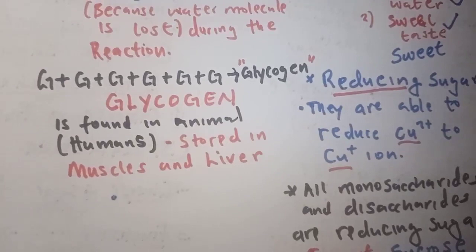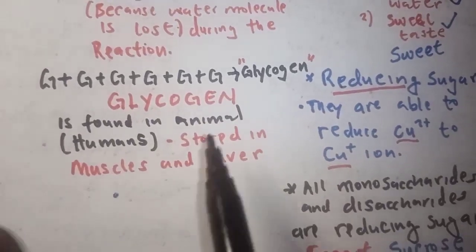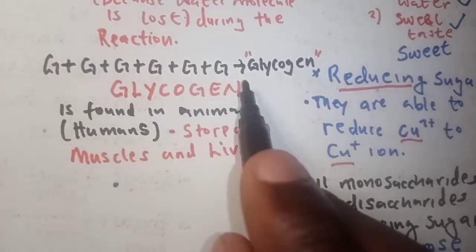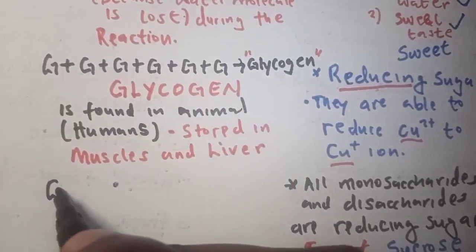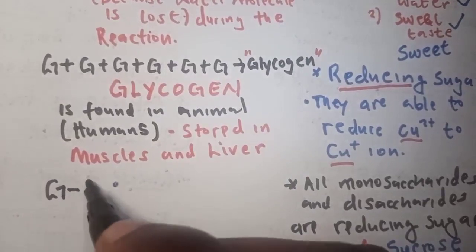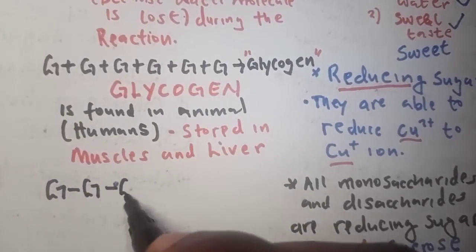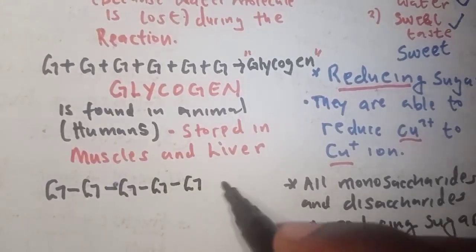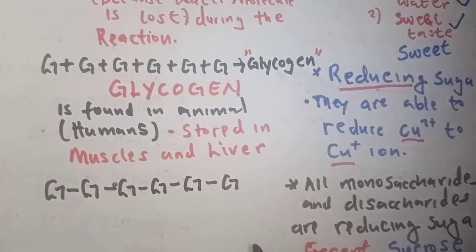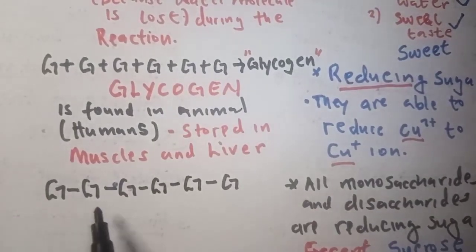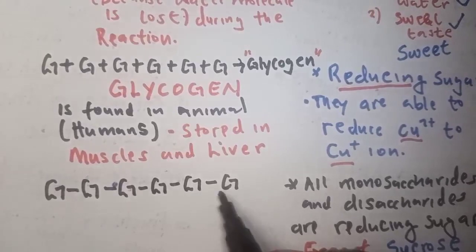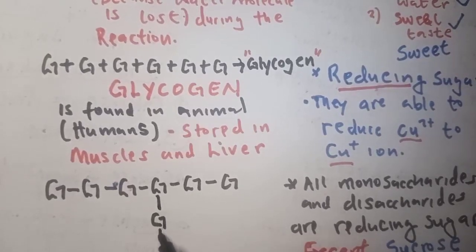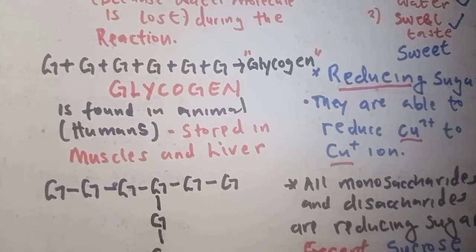So now when glycogen is formed, it will be something like this. Since we added G, these will be combined: glucose, glucose, glucose, glucose. Now you find that after it adds here, it starts to add even on this other side, making what we call a branch.